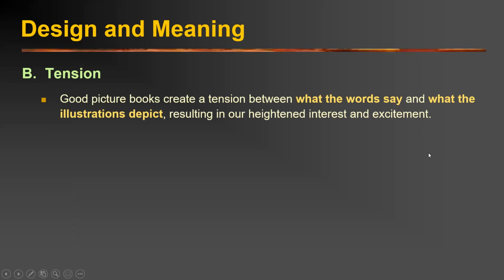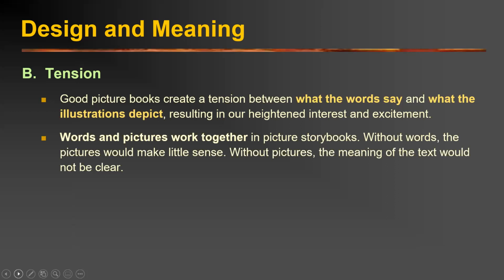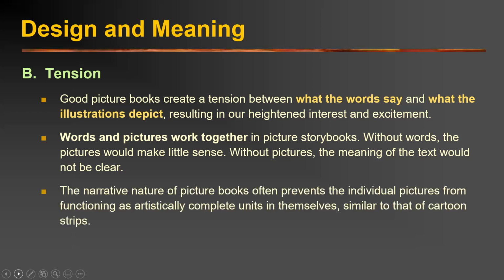Without pictures, the meaning of text would not be clear. So it is the combination of the two. The narrative nature of picture books often prevents the individual pictures from functioning as artistically complete units in themselves, similar to that of the cartoon strips. So it should be a combination of them. That is tension.